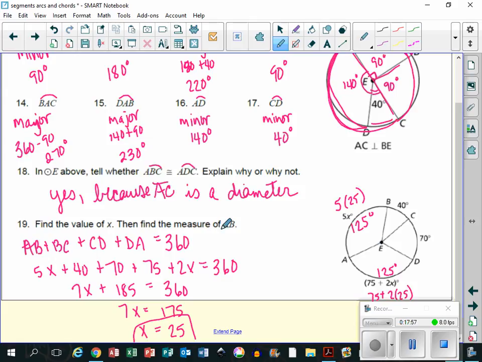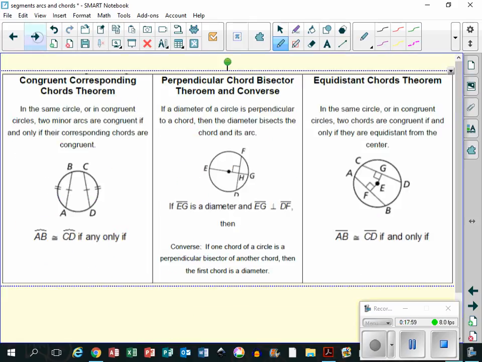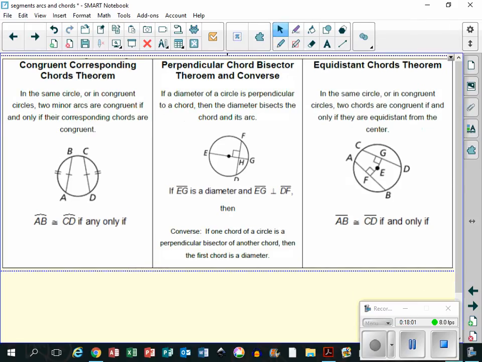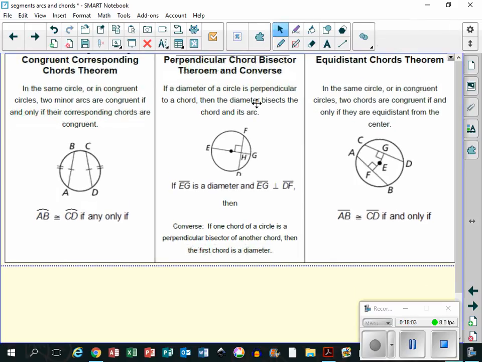All right, last part. There are some chords. Remember, chords are the segments that touch the ends of the circle or the edges. There are 3 theorems. Basically, if you're in the same circle or in multiple circles that are the same size, 2 minor arcs are congruent to each other if their chords are.